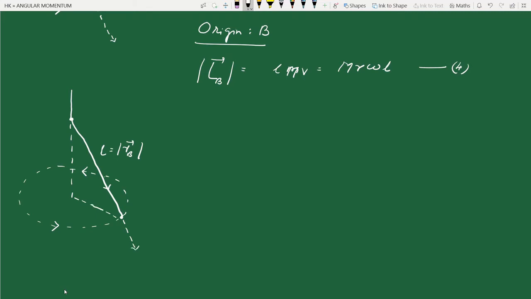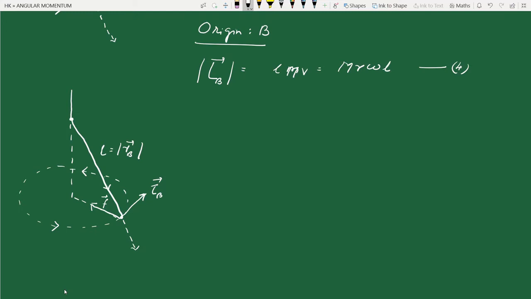The force is along this direction towards the center. So if we take r cross F, that is the direction of torque, right? So the direction of torque will be along this direction, tangential to the circular path. This will be the direction of torque.